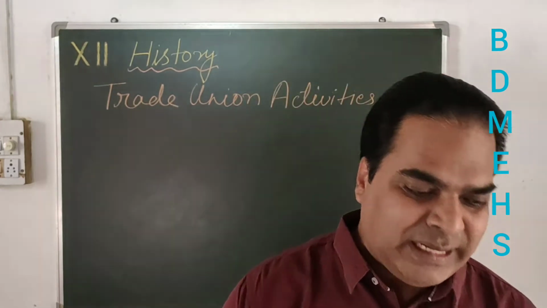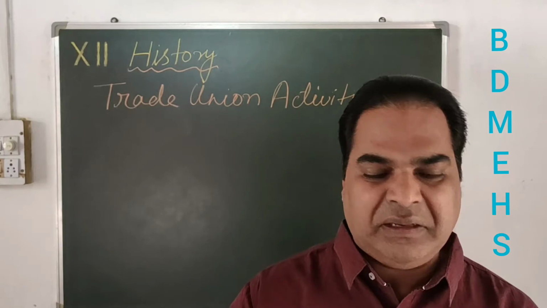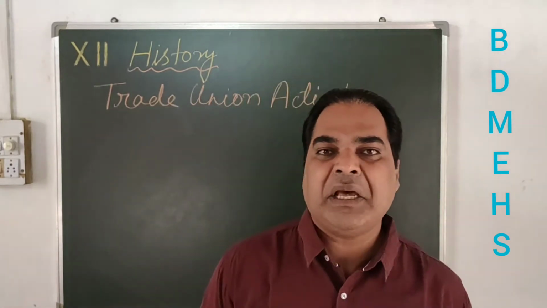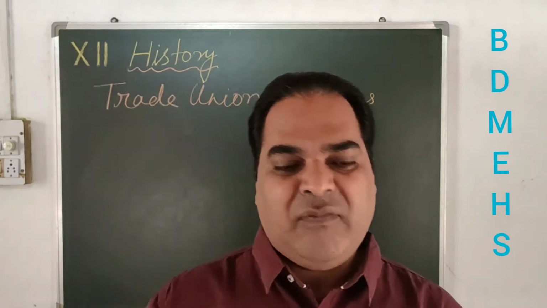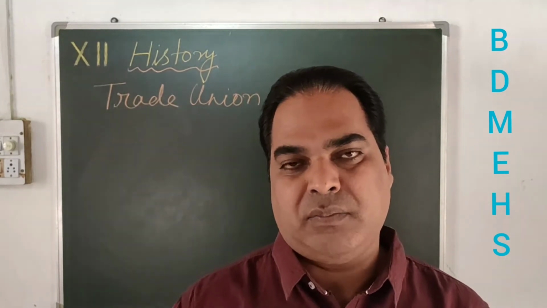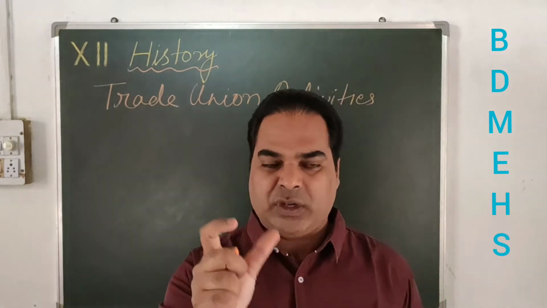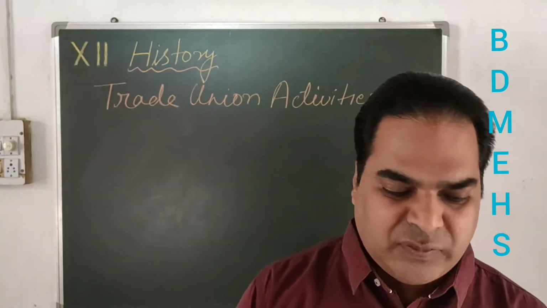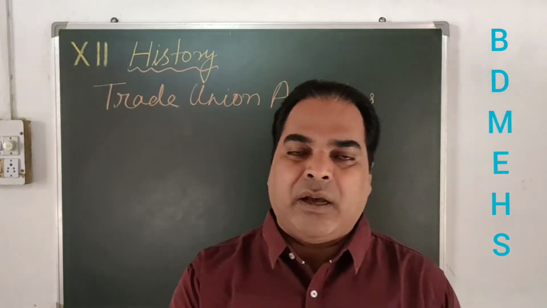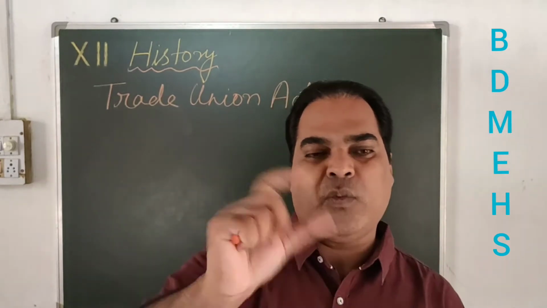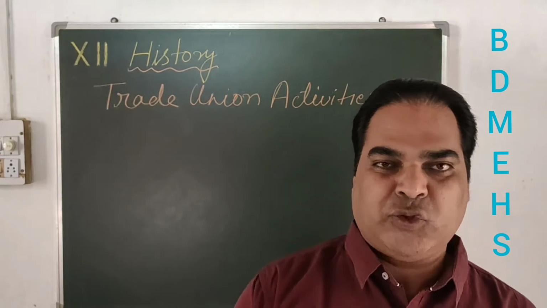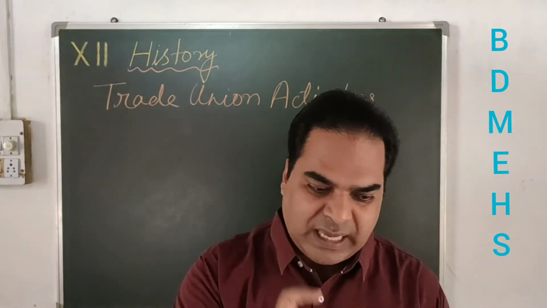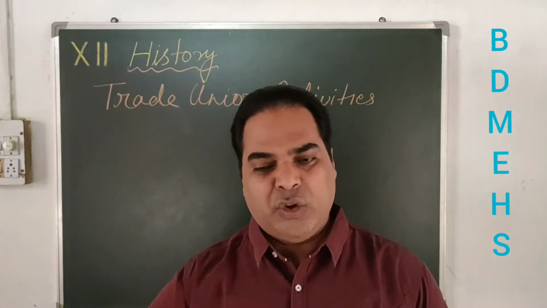So in 1918 he led the workers movement, and in 1920 Gandhiji formed the Mazur Mahajan. Mazur is a worker, Mahajan is an owner. So why was this Mazur Mahajan formed? In order to maintain a peaceful relation between the workers and the employers.